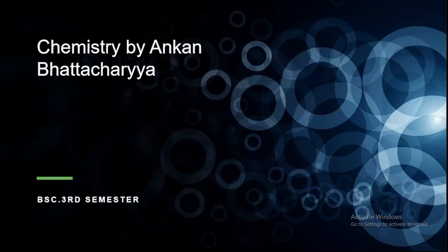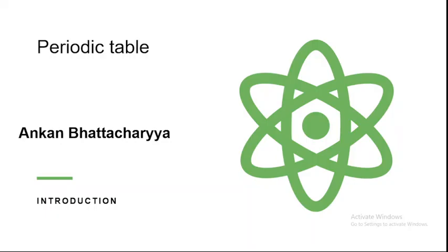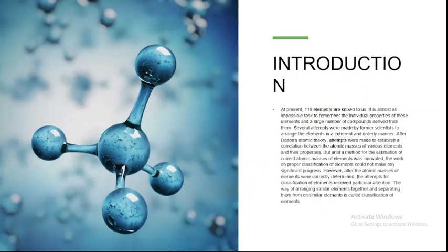There are a large number of elements nowadays, about 118 elements, and it is almost impossible to know all the properties of them separately. So we have to know the properties in a collection of the elements, and we have to find out the similarity between them.